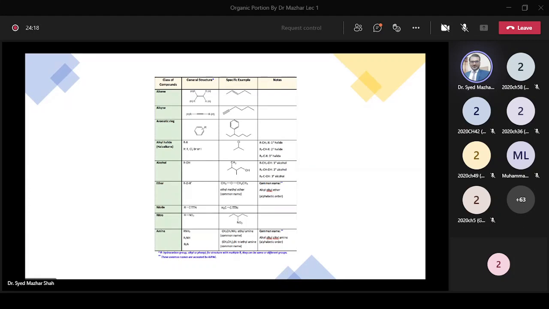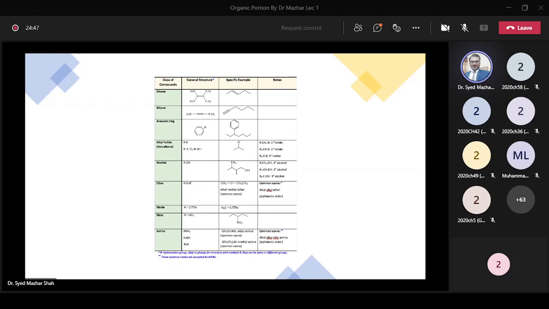And same is the case with alcohols, because it depends on the connectivity or bonding of that carbon atom which is bonded to the functional group. Then we have ether, R, O, R dash. I think most of you know why we write R and what is the meaning of this R in this table. That is the alkyl group.